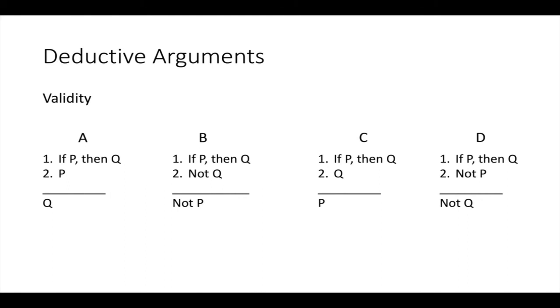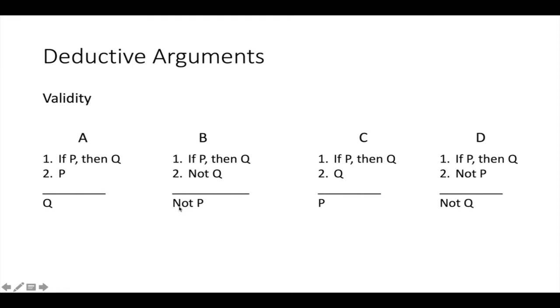Okay, so here are 3 argument structures, and I will tell you B, which we just looked at, if P then Q, not Q, therefore not P, this one is valid. This is also a valid argument structure, which means if the premises are true, if these both come out true, then the conclusion has to follow.